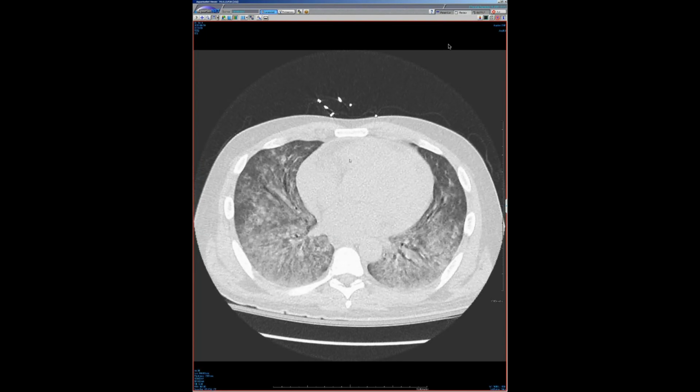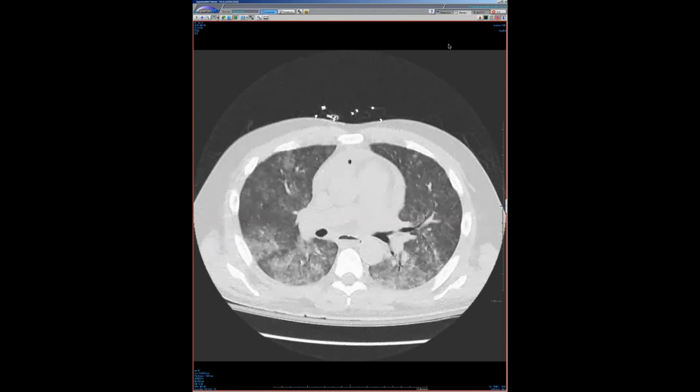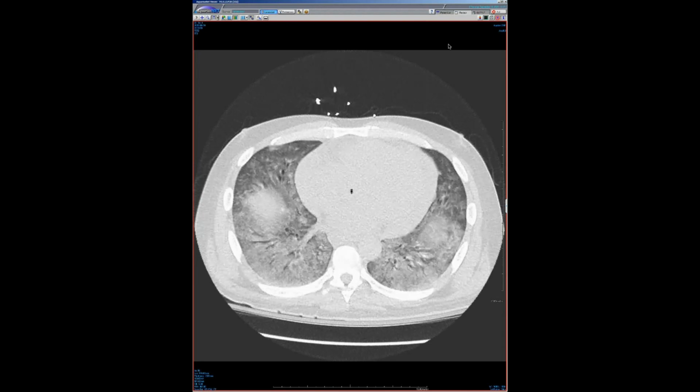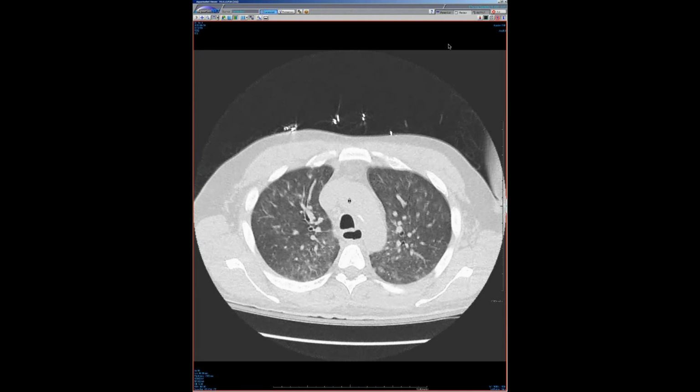He then, this is like 5 days later, has this appearance, and not the best appearance, but bronchoscopically shown to be DAH. So he then developed DAH with hemoptysis.